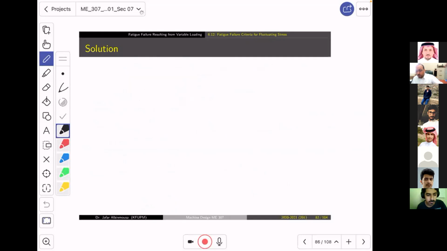Good. Now, when you find Kt, all right, what do you need to do? R is equal to 0.25. So I need to go to figure 6-20 to get Q, which is how much? 0.82 for the ultimate strength that I have for the material, and with the radius, which is 0.25.